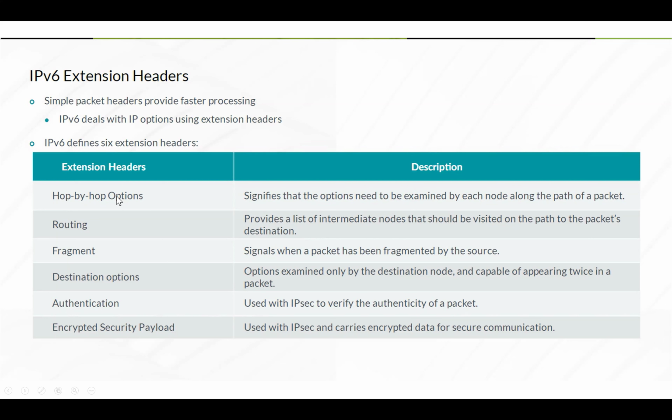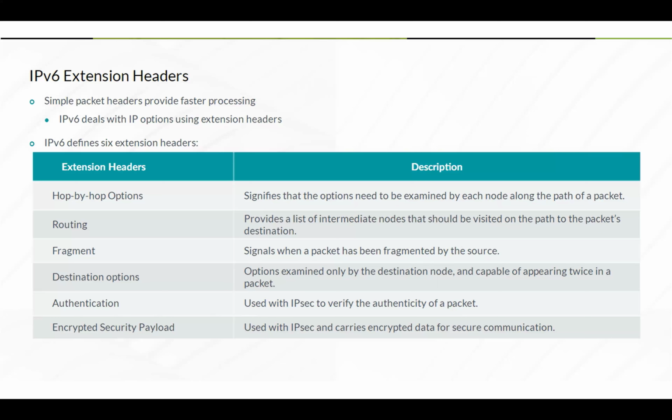Number one, hop by hop options. That signifies that the options need to be examined by every node along the path of a packet. So if you want to check your packet in every router, this option can be used in the extension header.